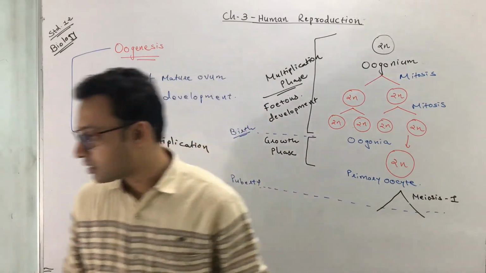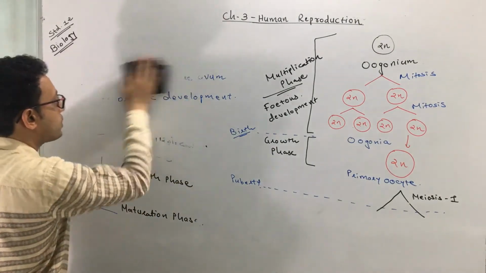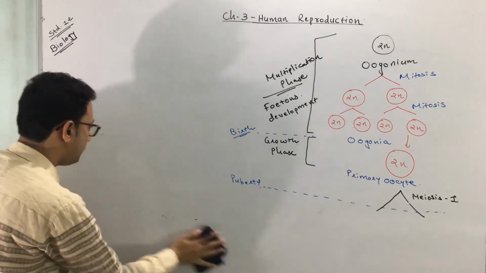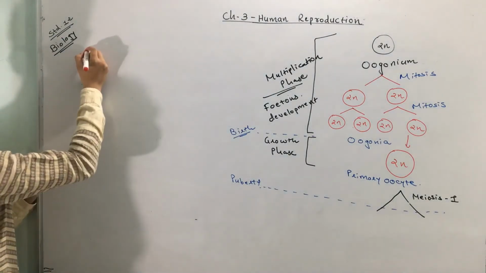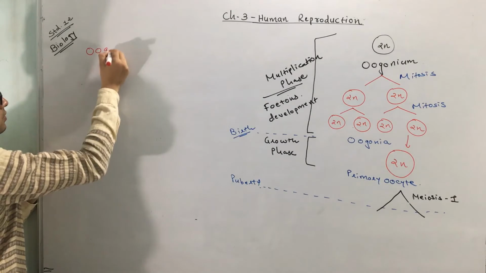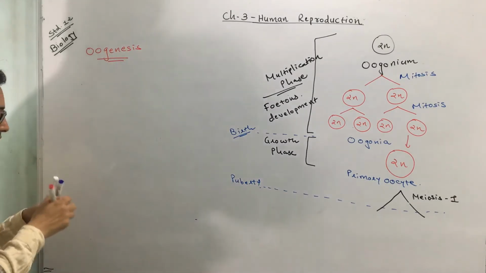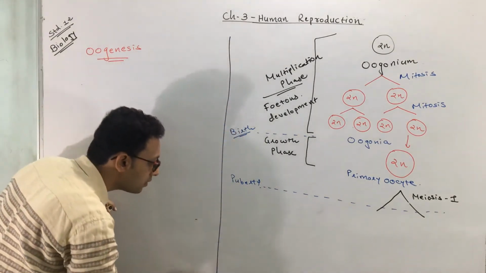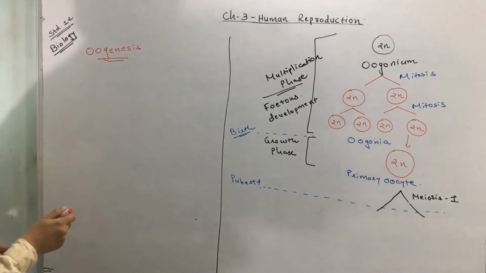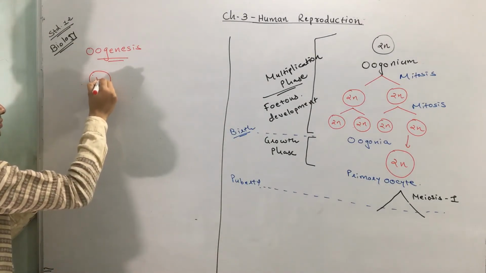So what happens next? Now I am showing what happens to this primary oocyte, in the process we call oogenesis. So now we have the primary oocyte.